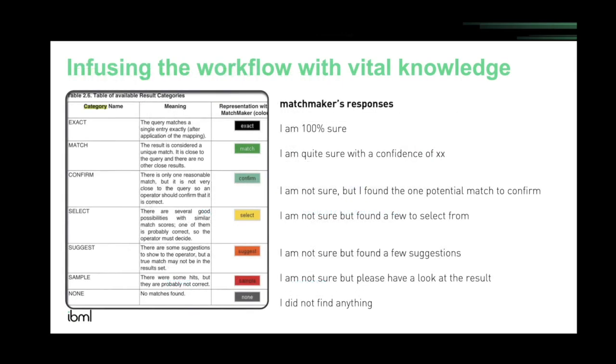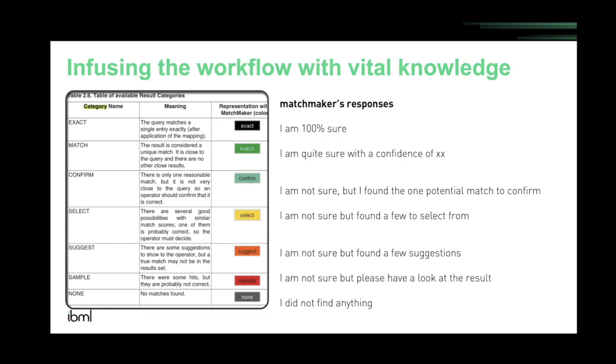And this can be done by infusing the workflow with vital knowledge, applying the engine to data that we already know. And then we deal with an exact match. I'm 100% sure. We deal with a match. I'm quite sure with a confidence of X. And if you look at the middle row, you see the result is considered a unique match. It is close to the query, and there are no other close results.